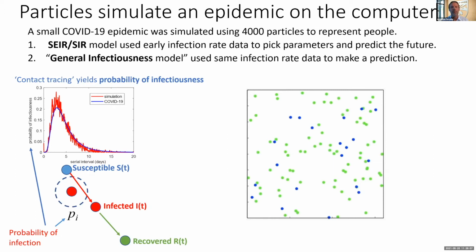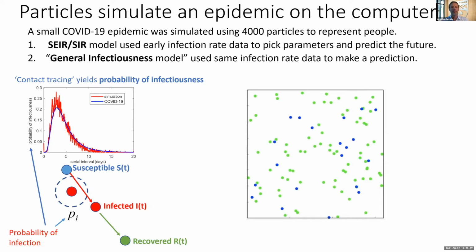So what we wanted to do with these particle simulations was to compare some of the main models that are being used today to predict the coronavirus infections used by the CDC. And the dominant model that I've found from surveying the CDC website is the SEIR or SIR models. And these two models are very common and are used by many groups.